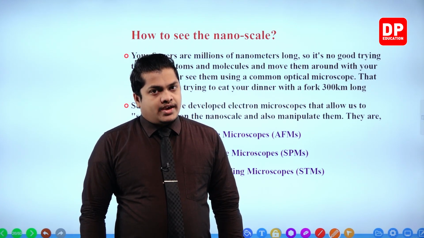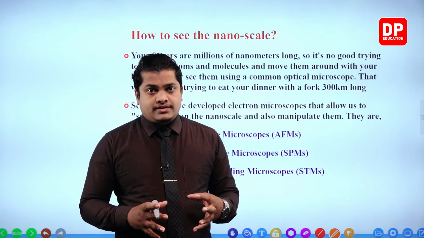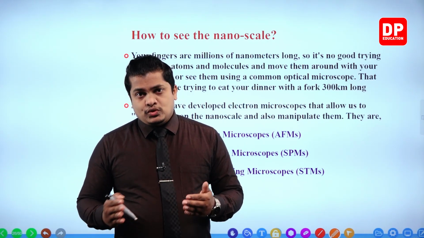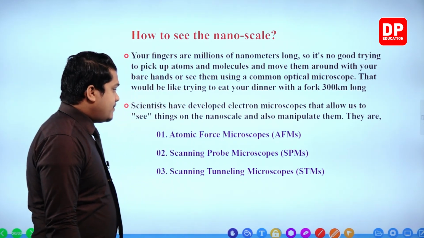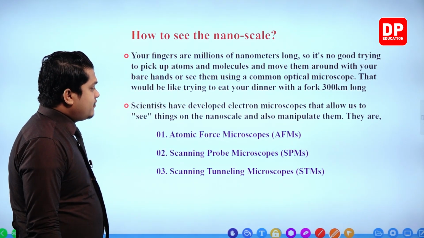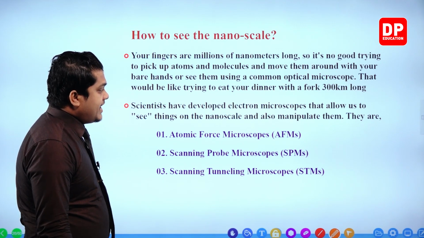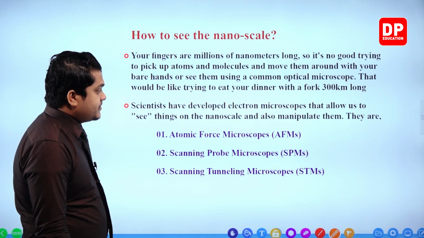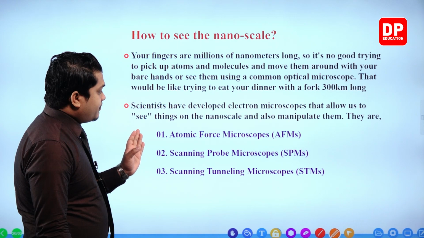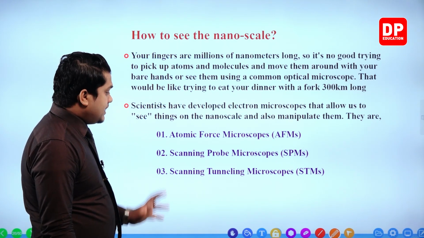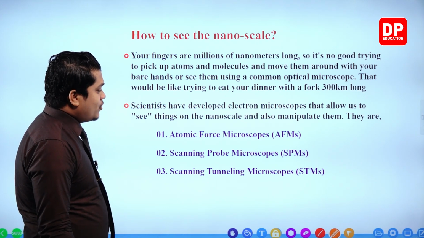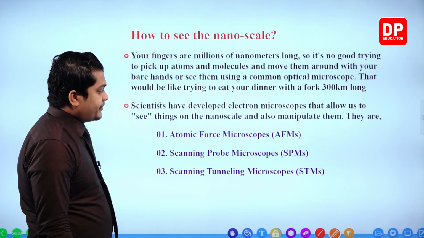So there are three types of electron microscopes which can be used to observe these nanoparticles. Let's see what those types are. Number one, atomic force microscopes, AFMs, right? Number two, scanning probe microscopes, SPMs, right?